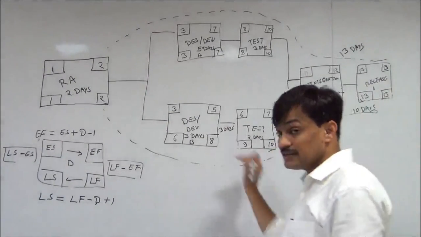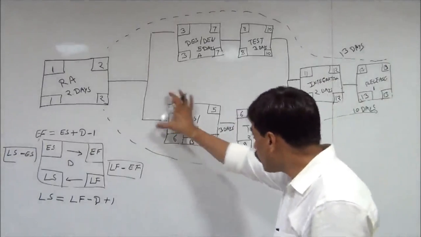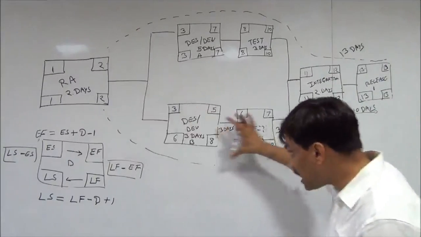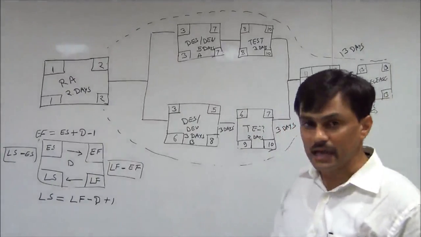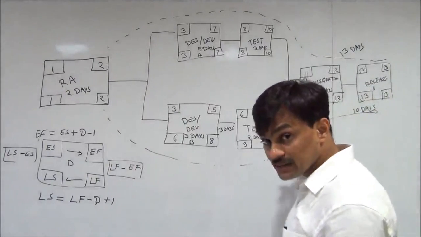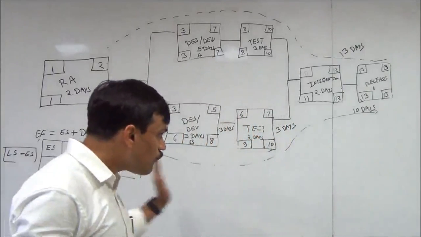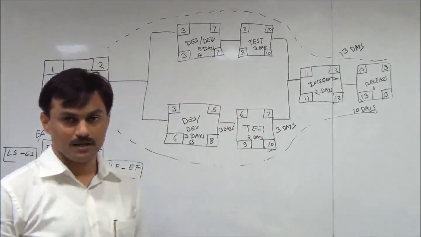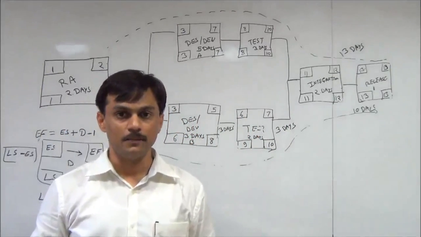If you have that kind of flexibility, it is called free float, and a float or a slack at the level of a path is called total float. And this is how you can calculate the critical path and floats or slacks using forward pass and backward pass. I hope this video will help you in demystifying critical path method.